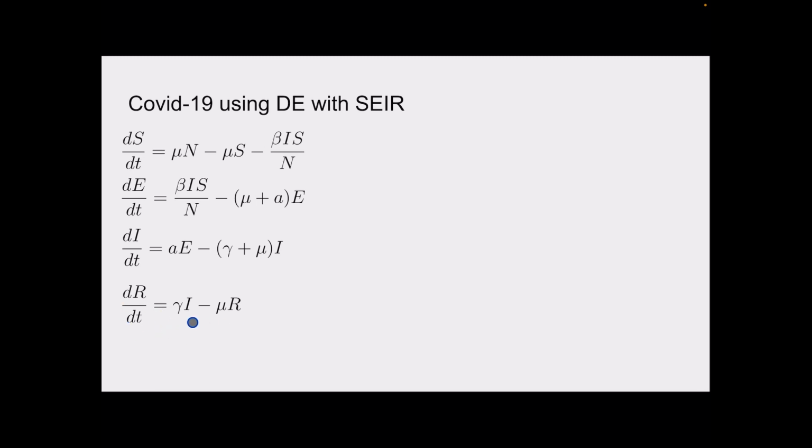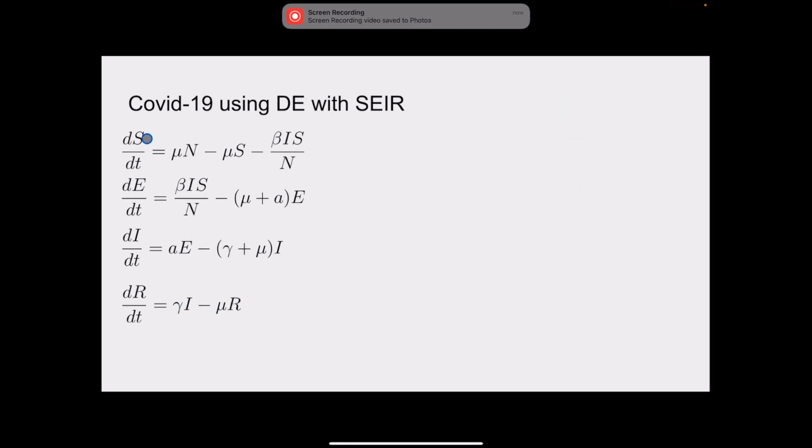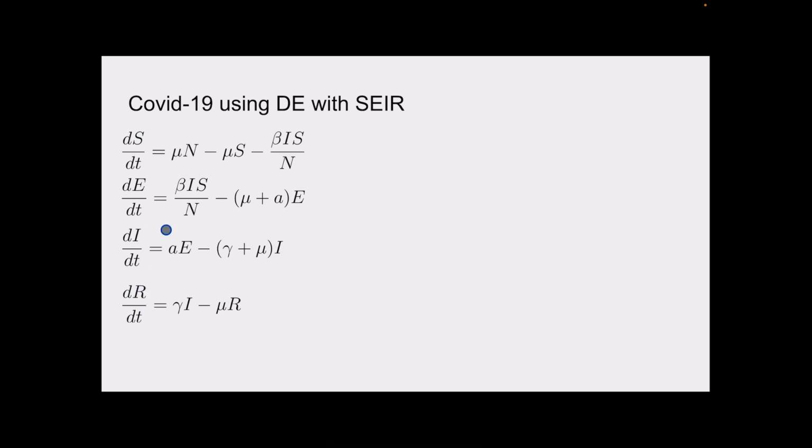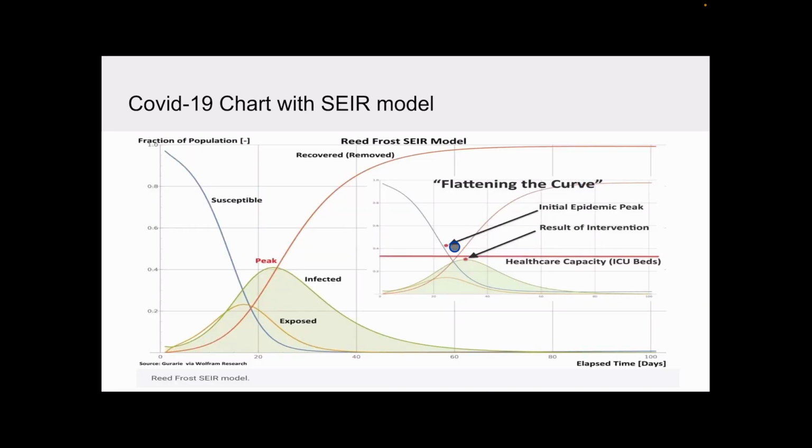So we have gamma times infectious minus mu times recovery. So we expect eventually all the susceptibles are going to progress from exposed to infectious and are going to recover. So this one is going to be on a downward trend, and the recovery rate is going to be on an upper trend. So we're going to see it in the next chart here.